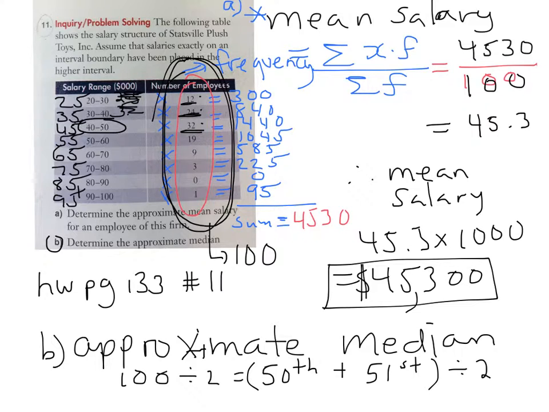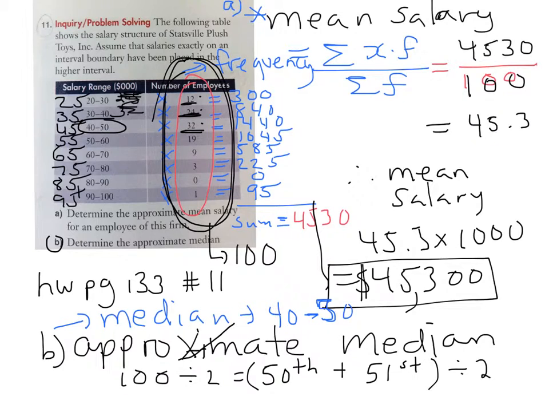So any number from the 37th to the 68th ranking will go into the 40 to 50 interval. So let me just try to find more space. Let's write the answer here. The median is between 40 to 50.